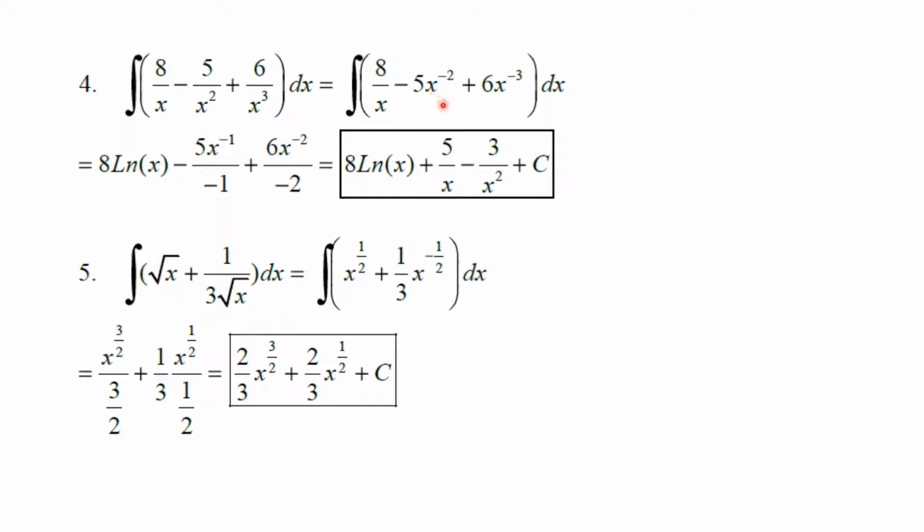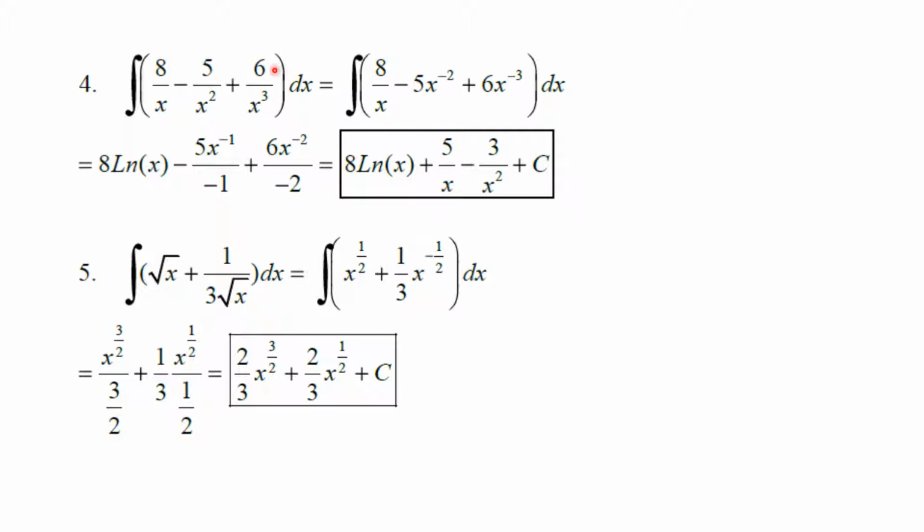So using the x to the power of n integration rule, negative 2 plus 1 will result in negative 1 divided by negative 1. So therefore, this can be further simplified to negative, negative, it becomes positive. So it becomes 5 over x.